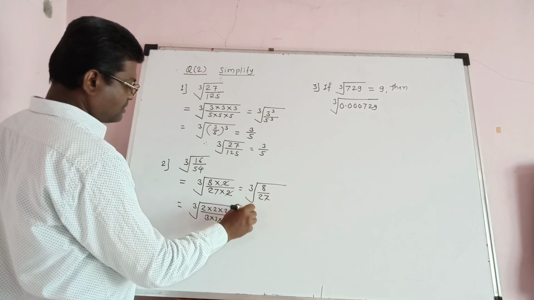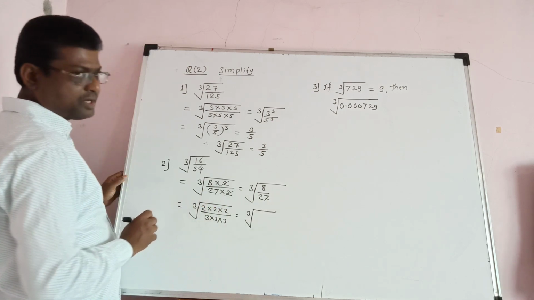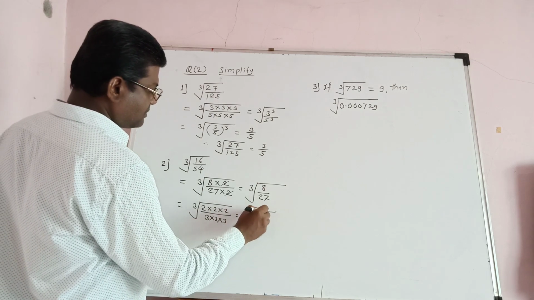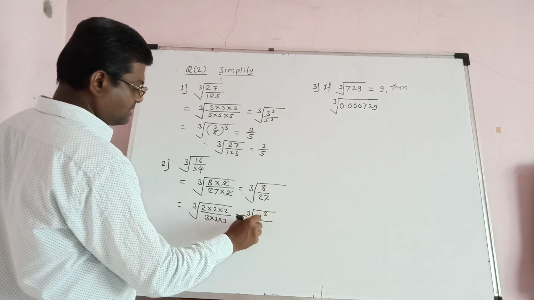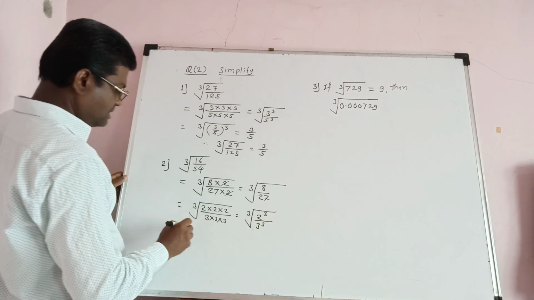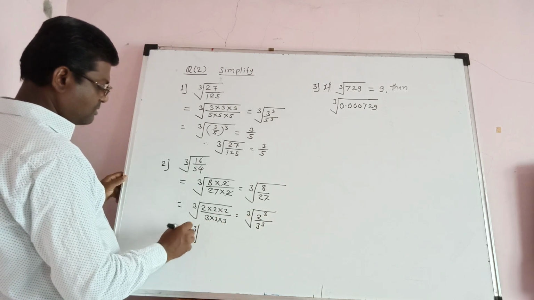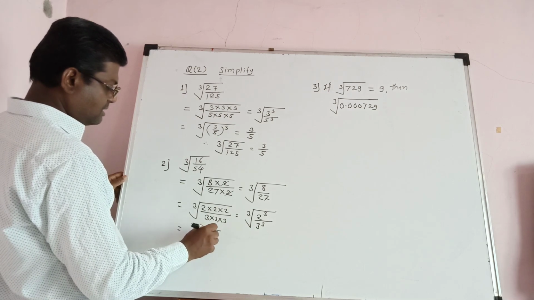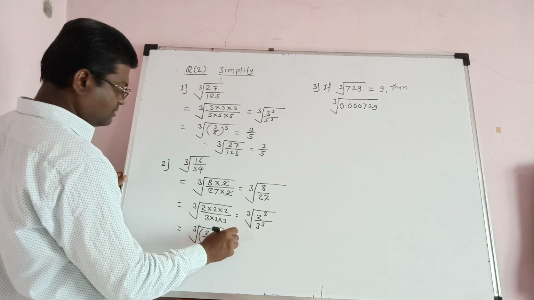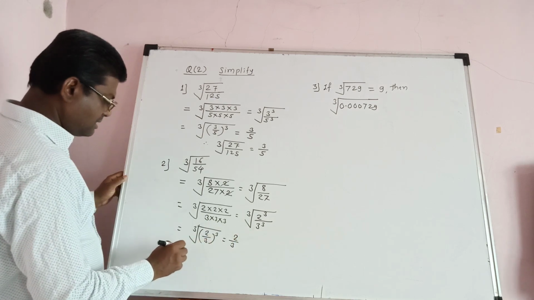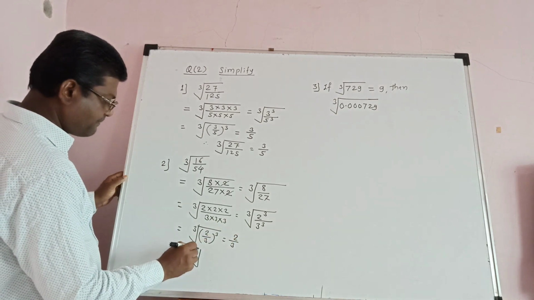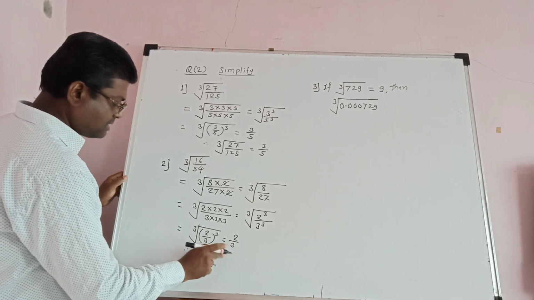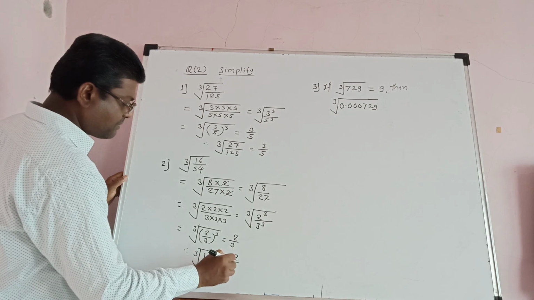That is cube root of 2 raised to 3 upon 3 raised to 3, which is equal to 2 upon 3. Therefore cube root of 16 upon 54 is equal to 2 upon 3.